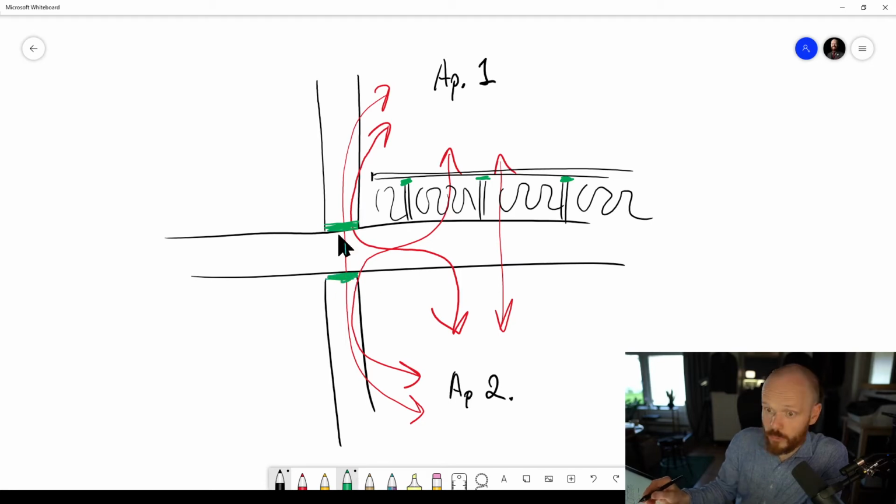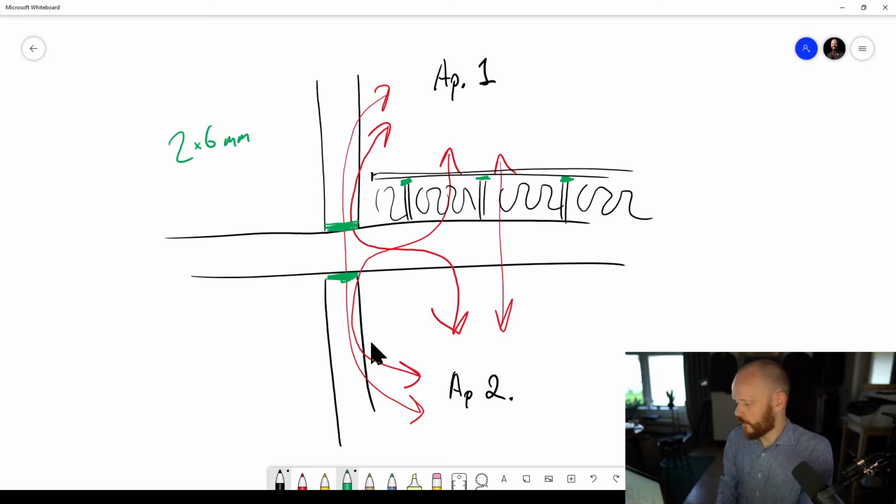Typical would be like 2 × 6 millimeter, both up and down. And that would improve not only this one, but also the one that goes through here. However, with the installation floor, that might not be a really big issue. So it could work with either one, up here only or on both sides.